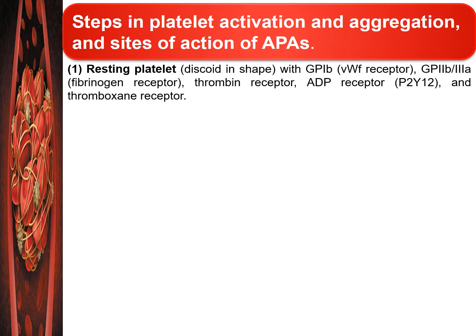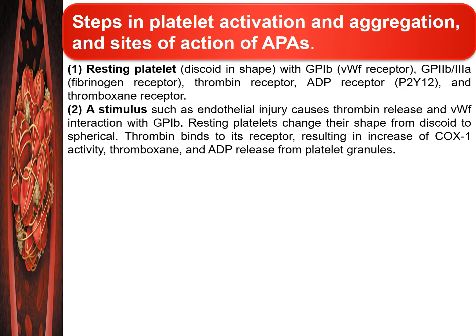The first step. In this first step, the resting platelet is discoid in shape with the glycoprotein integrin 1b, that is the von Willebrand factor receptor. Then the GP 2b, GP 3a fibrinogen receptor, thrombin receptor, ADP receptor, that is the P2Y12, and thromboxane receptor.